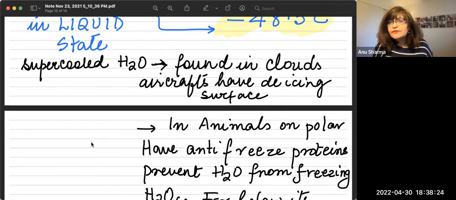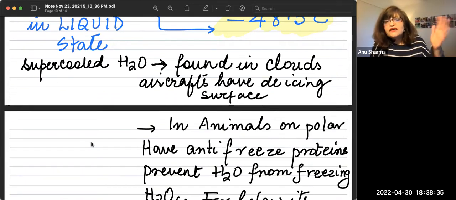So icing happens, and obviously it affects the airplanes. So aircraft have a de-icing surface, or a paint such that ice may not form on the aircraft.